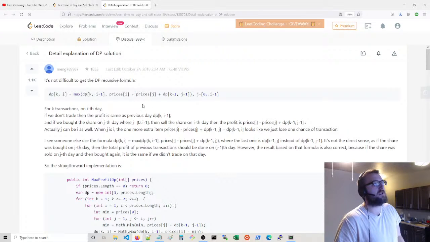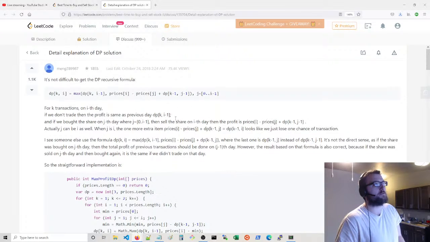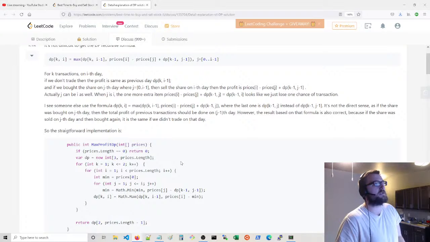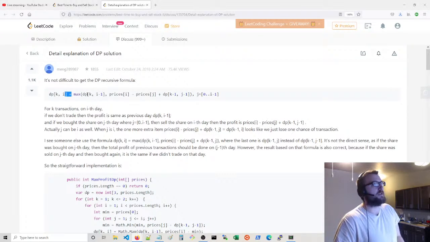So if you made a parentheses here, prices j minus plus this, it would actually become prices of j minus this part. That's why there's parentheses here. That's why he's minimizing this. And since he's trying to maximize, he wants to minimize this negation. So that's what he's doing.